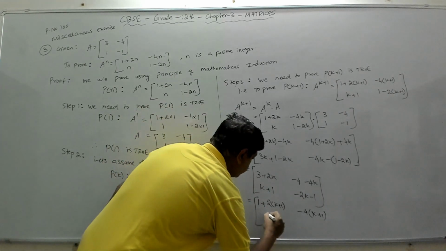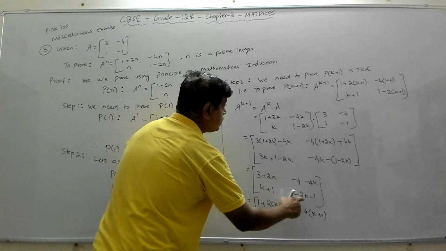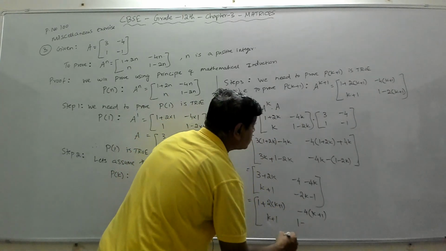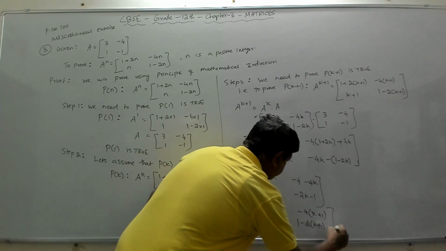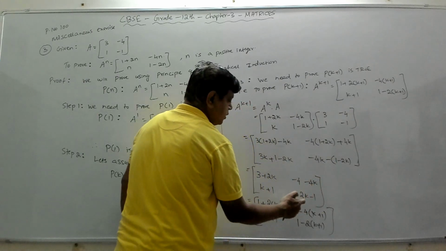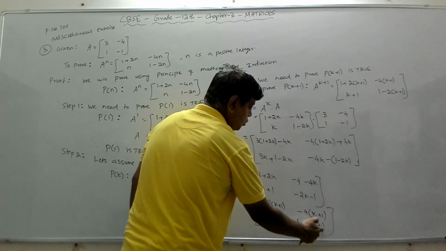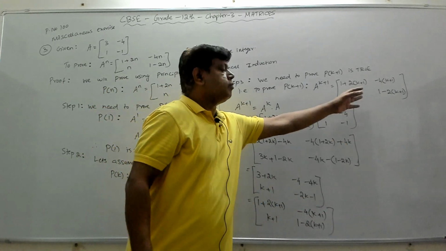Now again this will become k plus 1. And here this can be written as 1 minus 2 into k plus 1. Now what is 1 minus 2 into k plus 1? Minus 2 into k is minus 2k, which is this. Then minus 2 into 1 is minus 2. Minus 2 plus 1 is minus 1. So the same thing we have rewritten in this form.